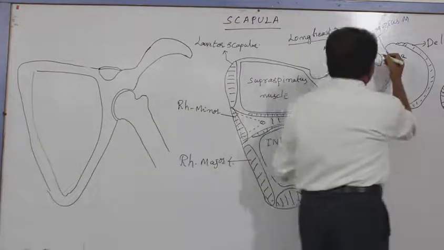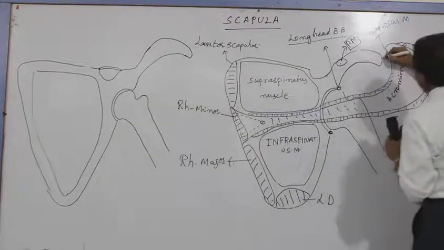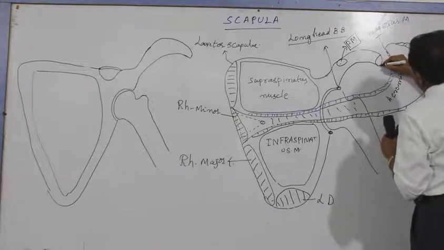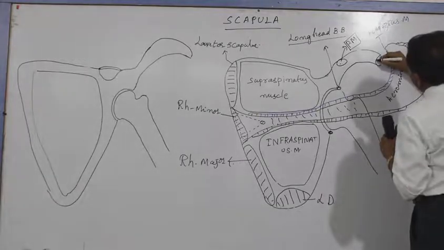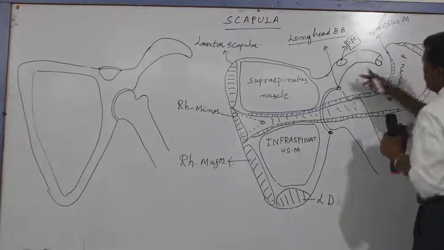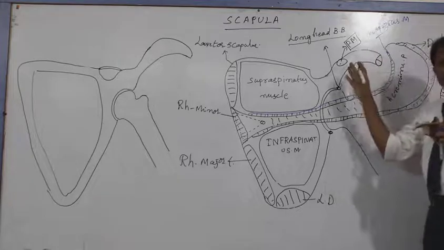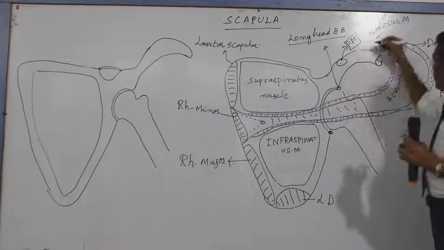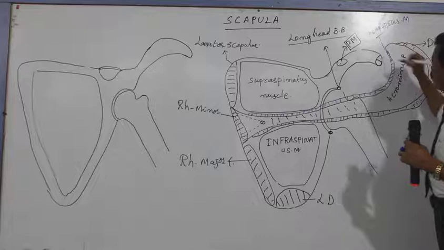The tip of the coracoid process of the scapula gives the origin for two muscles.